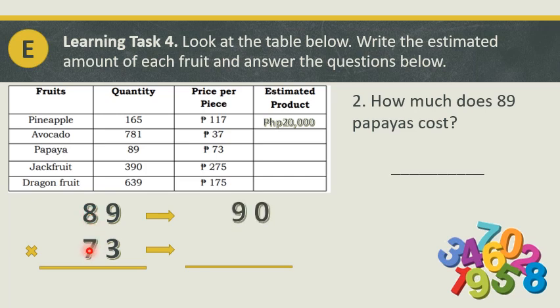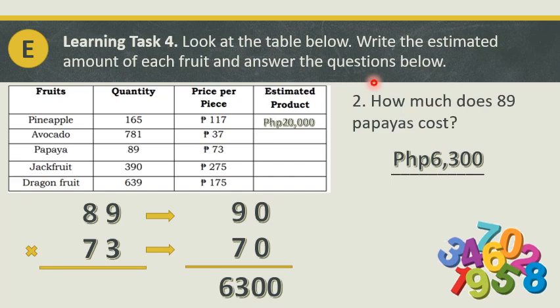Then, 7, ang ating dito sa baba, ang katabi niya is 3, maliit na number to, so ito, 7 pa din siya. So, bilangin yung number of 0, so 1, 2. Then, 9 times 7 is 63. So, kaya nagkakahalaga ang papaya, ang 89 papaya, ng 6,300 pesos. So, ito ay estimated price.